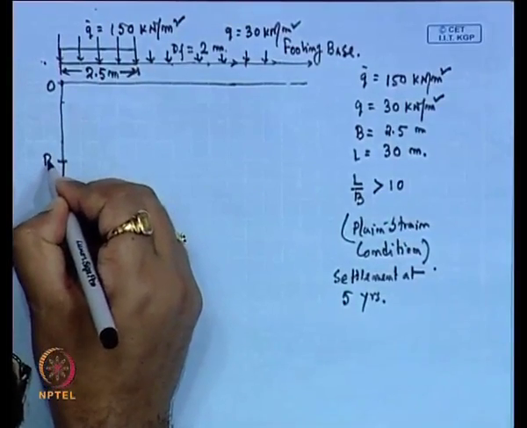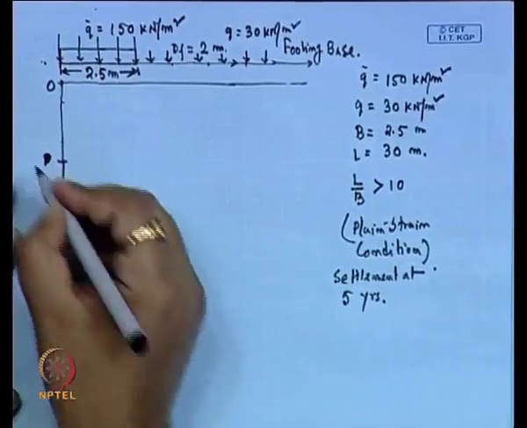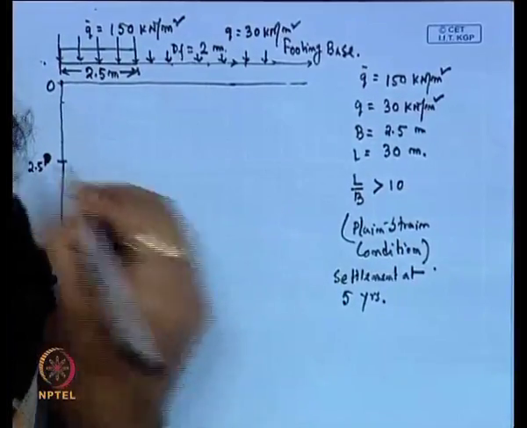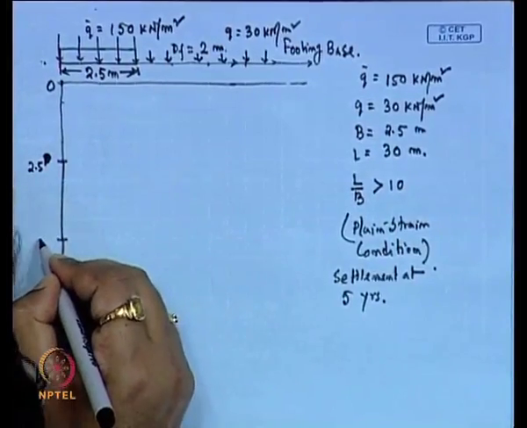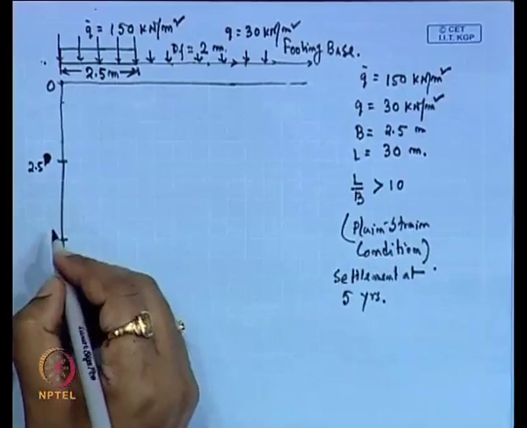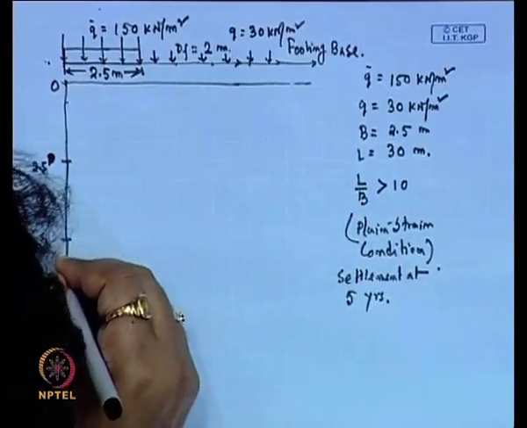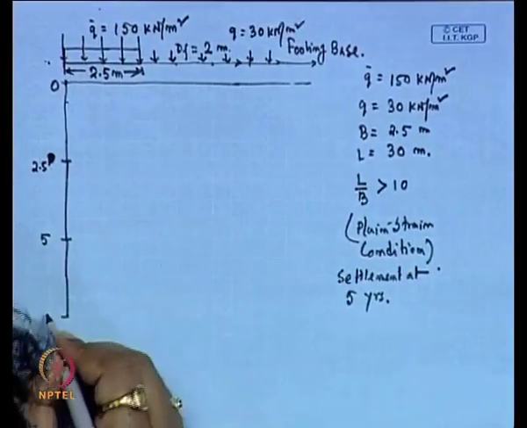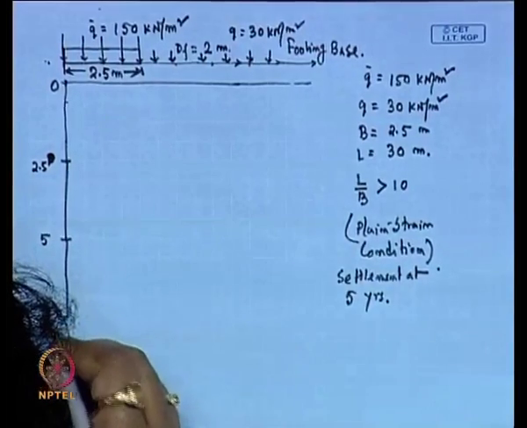So, this is B, where B is 2.5 meter. 2B is 5 meter, this is 7.5 meter.